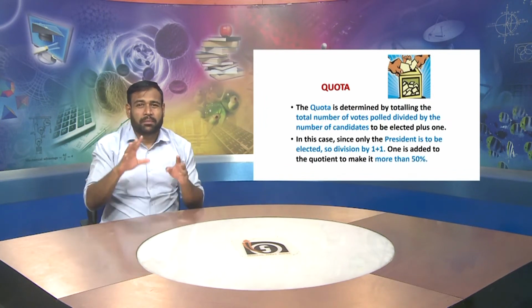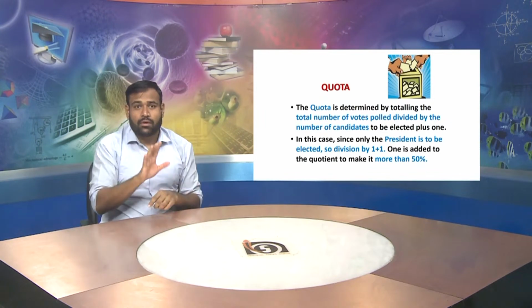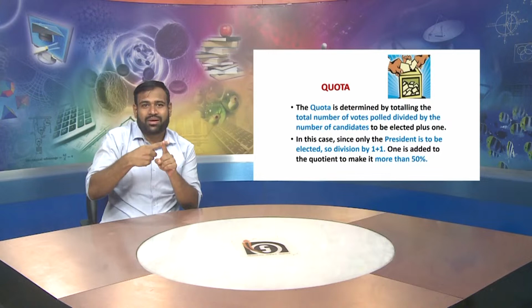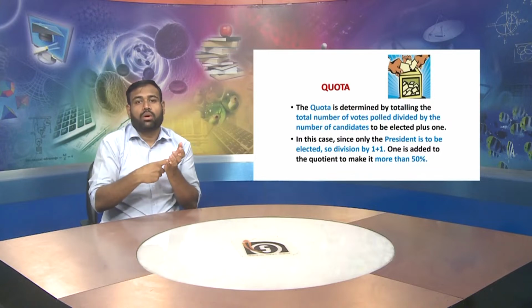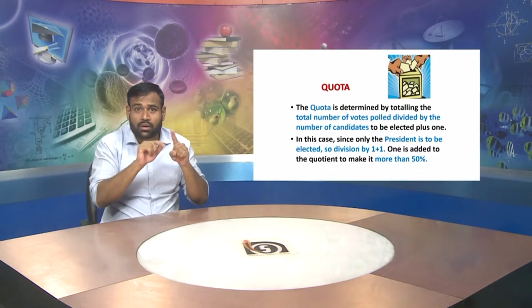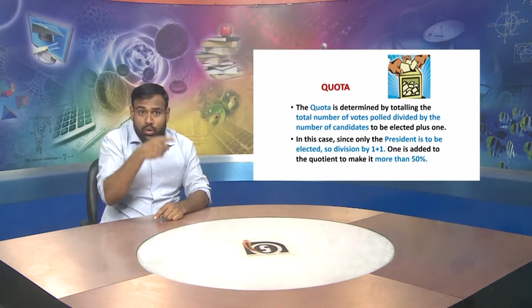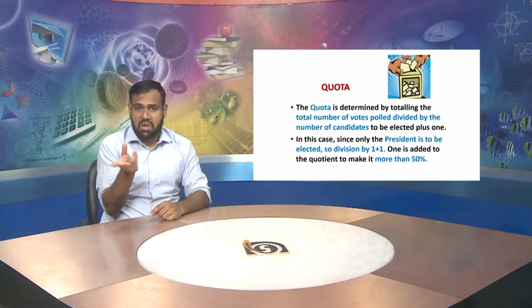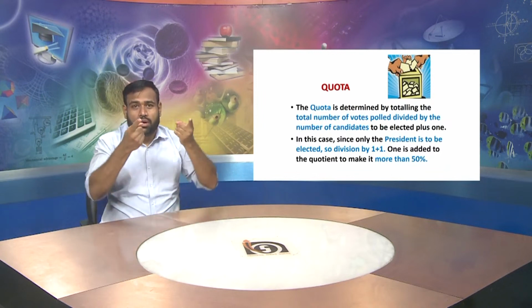In this case, since only the president is to be elected, the division is done by 1 plus 1. One is added to the quotient to make it more than 50%.